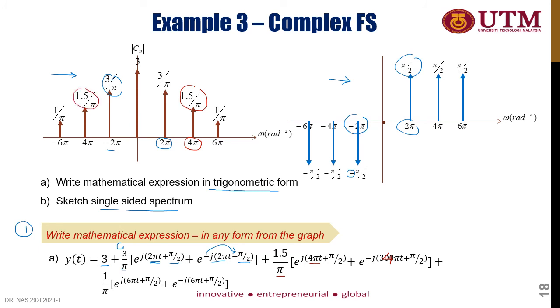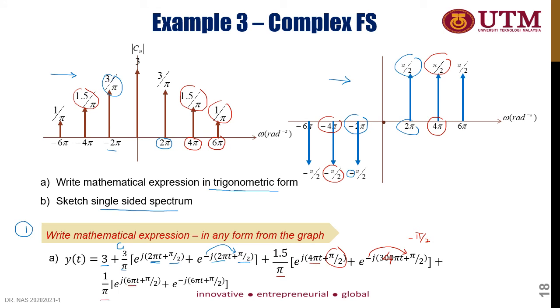For the second one, look at the phase. At positive frequency it's positive pi over 2, and at negative frequency it's negative pi over 2. Move on to the last pulse at positive 6 pi, the amplitude is 1 over pi.